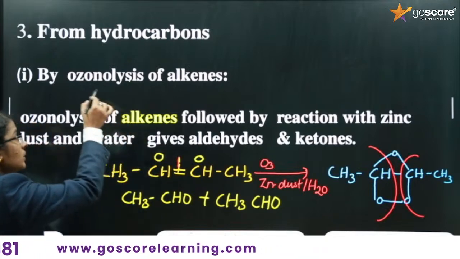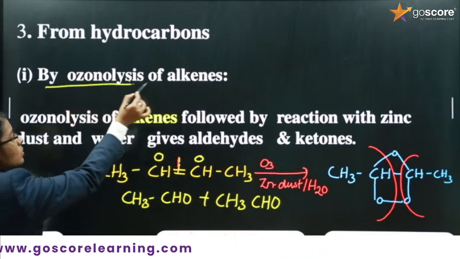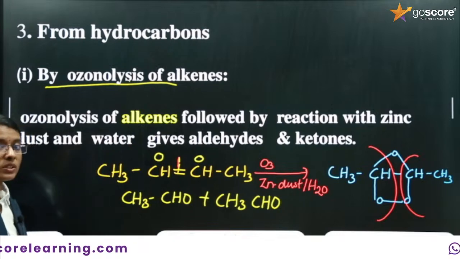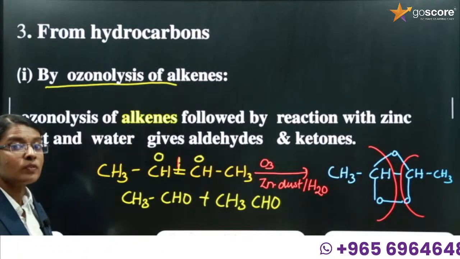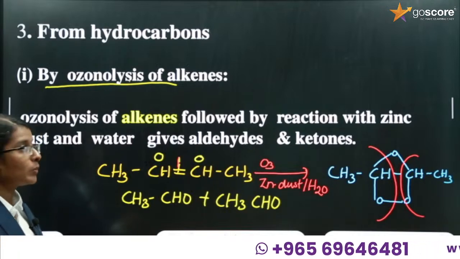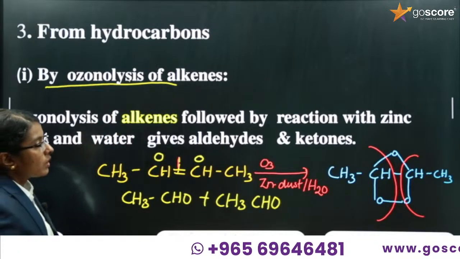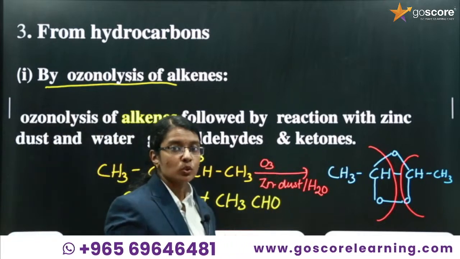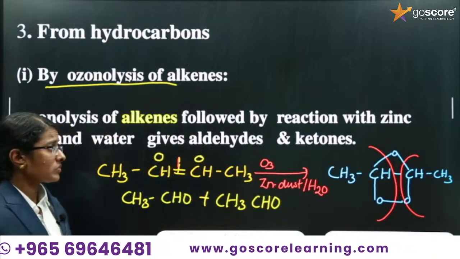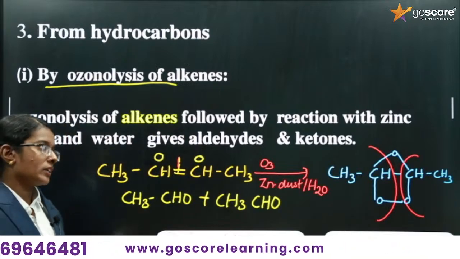From hydrocarbon, the first method is by the ozonolysis of alkene. What do you mean by ozonolysis? It means breaking of the double bond of alkene using ozone. If this reaction is carried out in the presence of zinc dust and water, you will get the corresponding aldehyde and ketone.